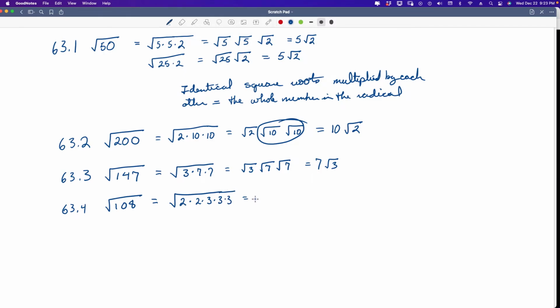So that equals the square root of 2 times the square root of 2 times the square root of 3 times the square root of 3 times the square root of 3. So we have a pair of 2's, we have a pair of 3's. So that's 2 times 3, that's 6, and we have 1 square root of 3 left. And that's our final answer.